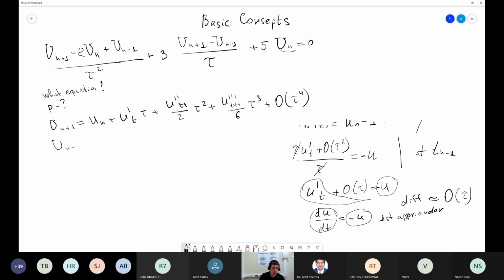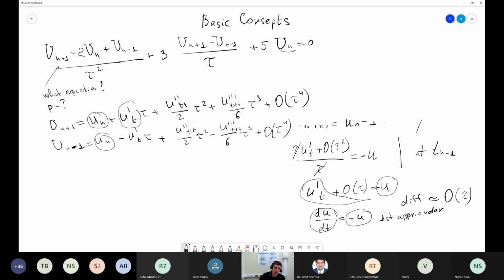The same for n minus 1, but with other signs: u_t tau minus u_tt divided by 2 tau squared minus third derivative divided by 6 tau cubed plus O of tau to the power of 4. And we will put it here. What will we obtain? u_n plus u_n minus 2u_n is 0.